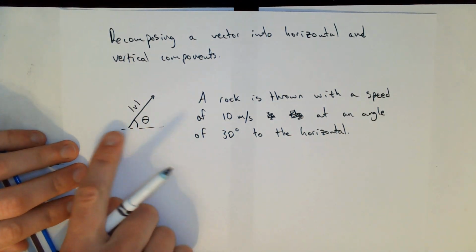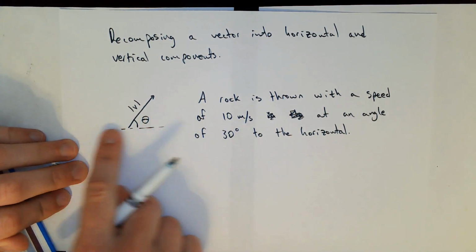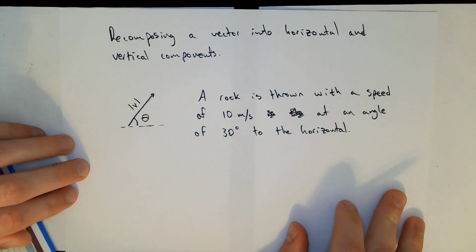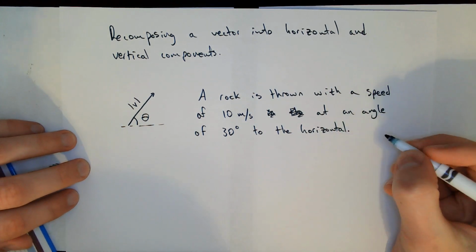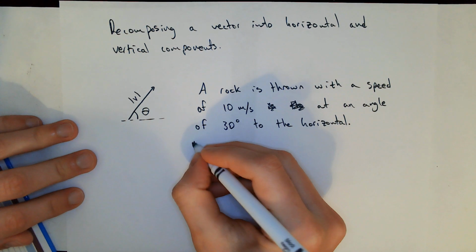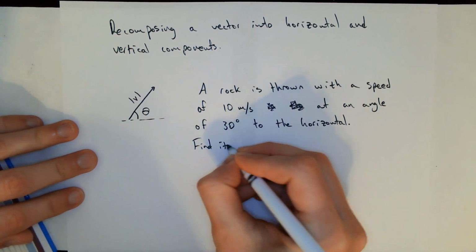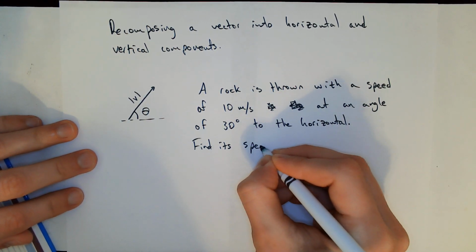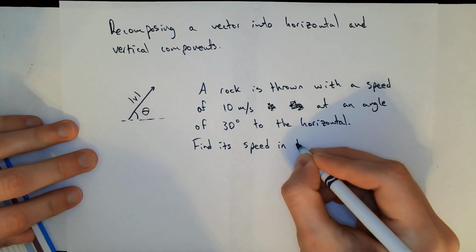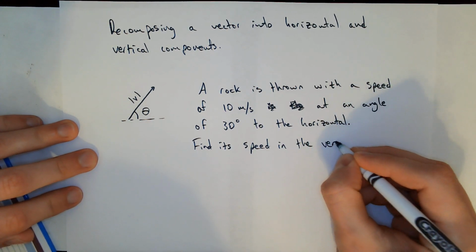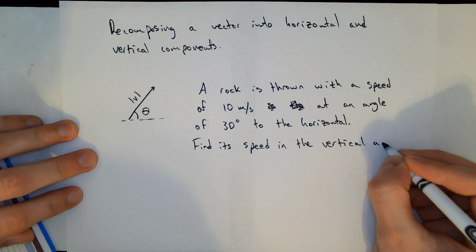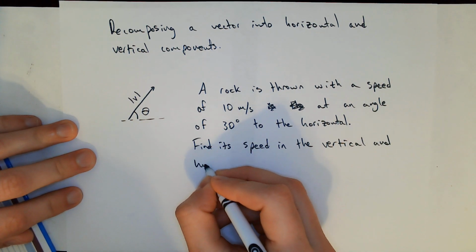To the horizontal meaning like 30 degrees from the horizontal line, like from the ground or something like that. Find its speed in each direction, in the vertical and horizontal direction. So why would you want to know this?